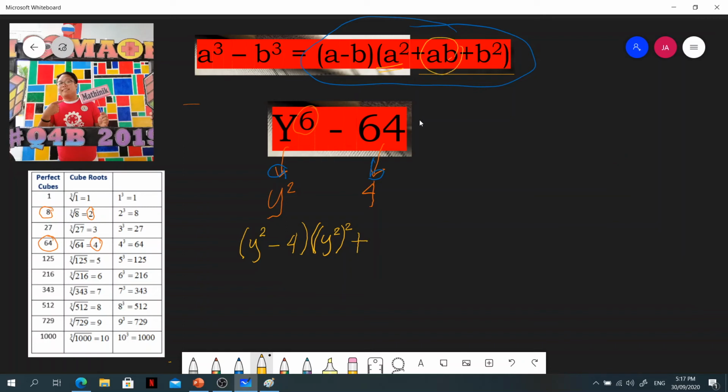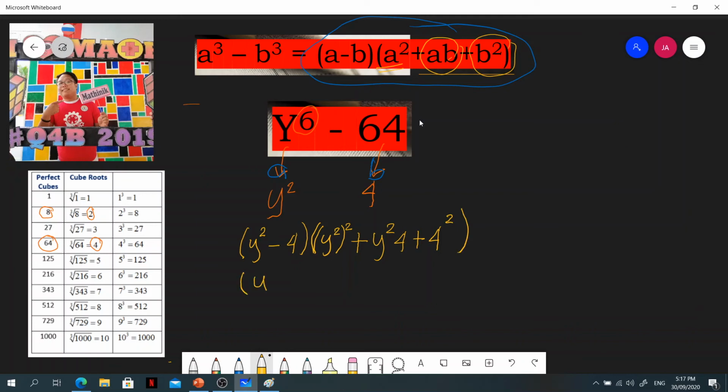A times B. Ano yung A natin? Y squared. So, Y squared. Ano yung B? 4. Plus B squared. Ano yung b natin? 4. 4 tapos squared. Okay, so let's simplify.